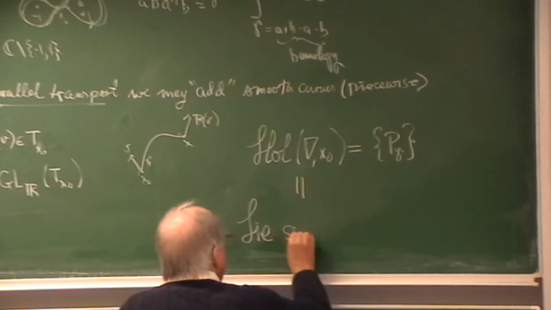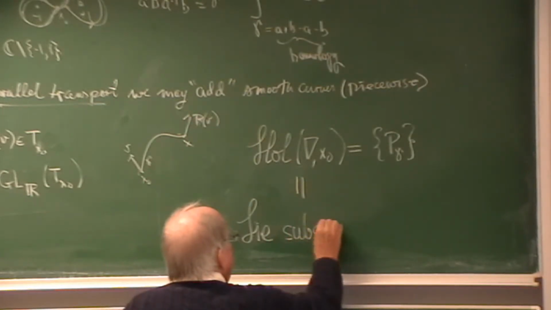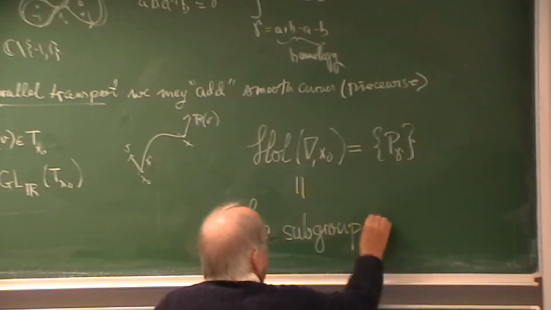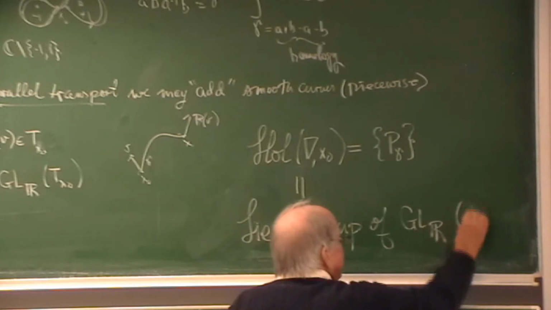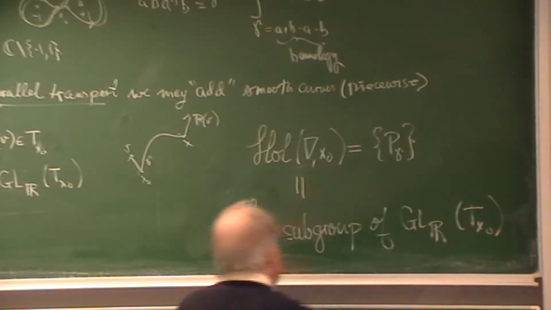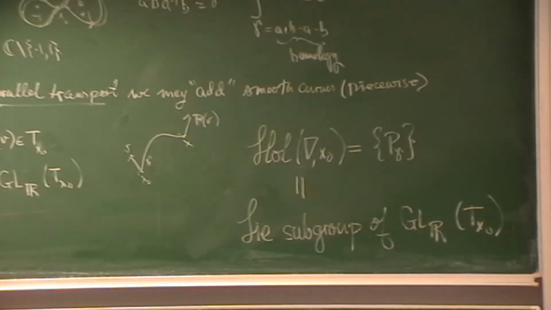And I'm going to say it is a Lie subgroup of GL, the matrix group, if you like, of the tangent space. I'm going to be very precise about that. But you should be really happy that not only is it a group, it is a Lie group, which means it's a manifold in some way. So that's not bad, right?